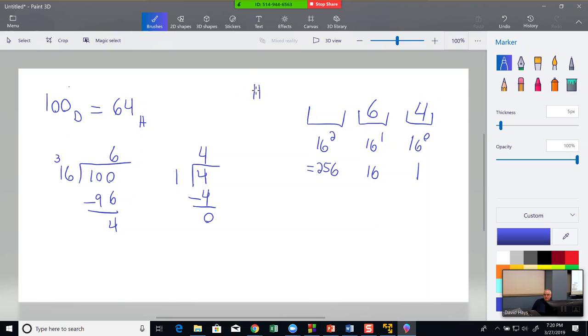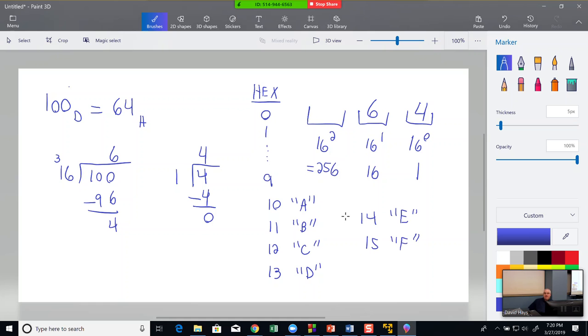The hex goes 0, 1, all the way up to 9. Now, hex means base 16. So now the next number is 10, but that's not a single digit, is it? So you represent that with A. 11 would be B. 12 would be C. 13 would be D. 14 would be E. And 15 would be F. So for base 16, you cannot have anything above F. Because, remember, it starts at 0.